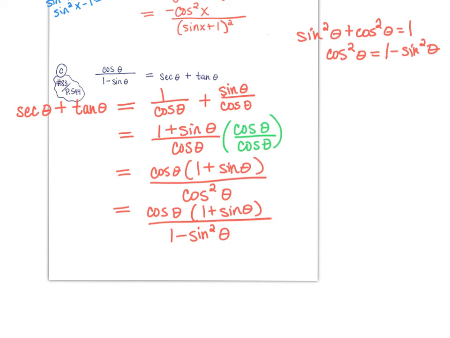Can you just cross out one of the signs? No, that's illegal. You cannot cancel out a sine of theta. Why? Because this is not a sine theta on the outside here, and this doesn't have a sine theta multiplied by all of that. In order to cancel out, it has to be multiplication there. So we cannot do that.